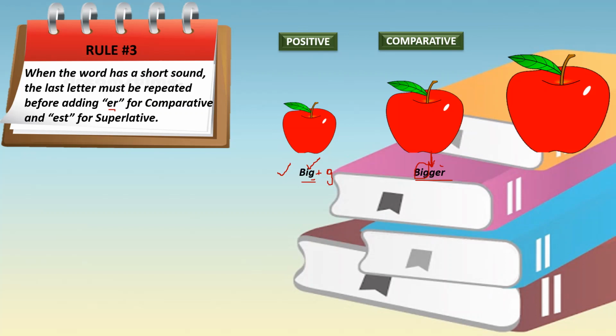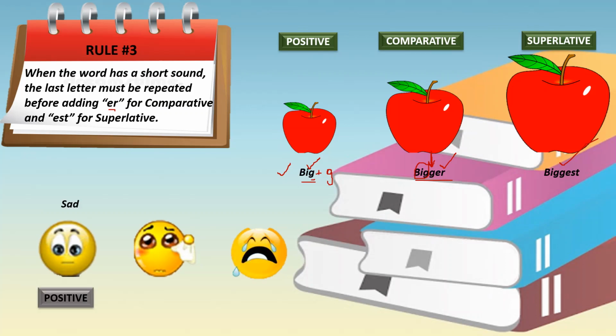So this is how you're supposed to convert the adjectives with short sound. Similarly, for superlative, we simply write the last letter twice and then add EST. So big, bigger, and biggest. Right? Let us look at another example.